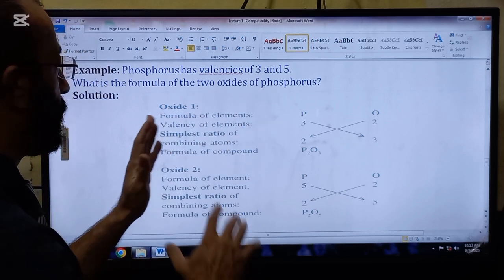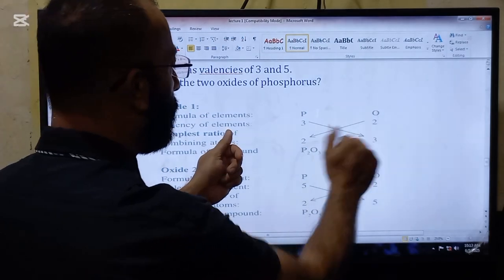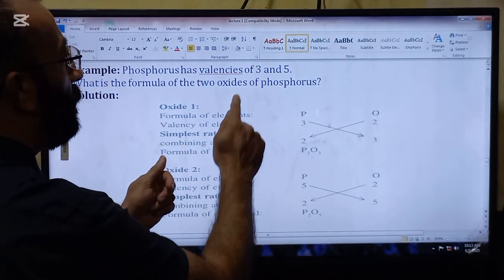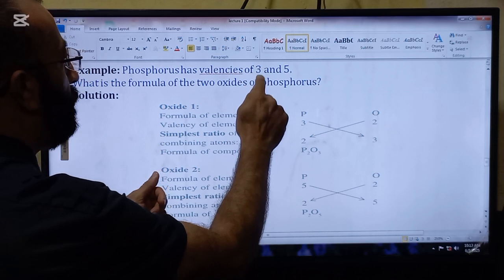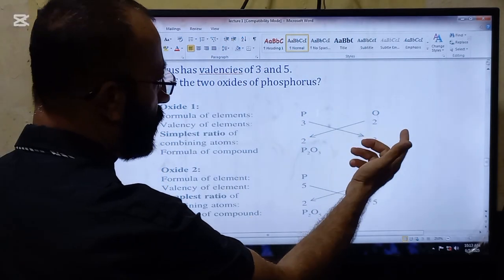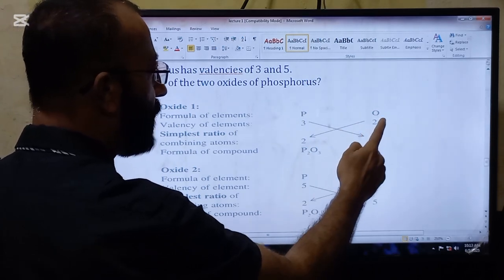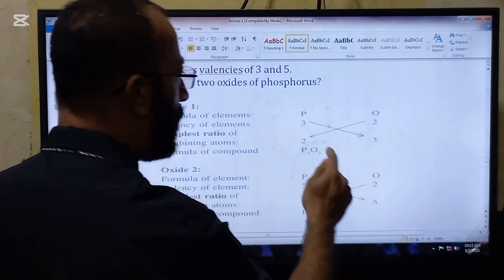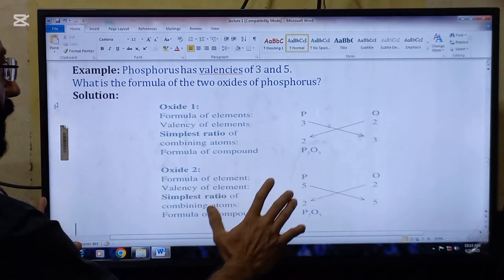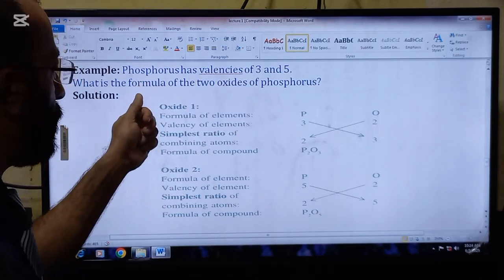Oxides of phosphorus means the elements will be P and O. First we take the valency of P as 3 and O's valency as 2. For the simplest ratio, these two values are not coming in the same table, so 2 will come here and 3 will go there. So P2O3 is the formula when the valency of phosphorus is 3.